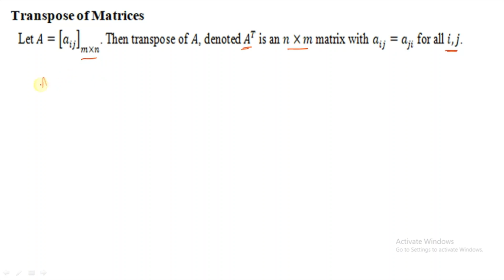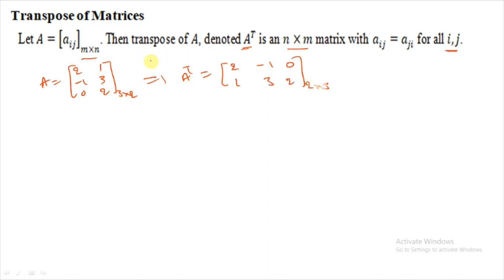For example, A equals 2, 1, minus 1, 3, 0, 2. It's a 3 by 2 matrix. For the transpose, you get a 2 by 3 matrix. The first row transforms to a column: 2, minus 1, 0, 1, 3, 2. This is the 2 by 3 matrix.